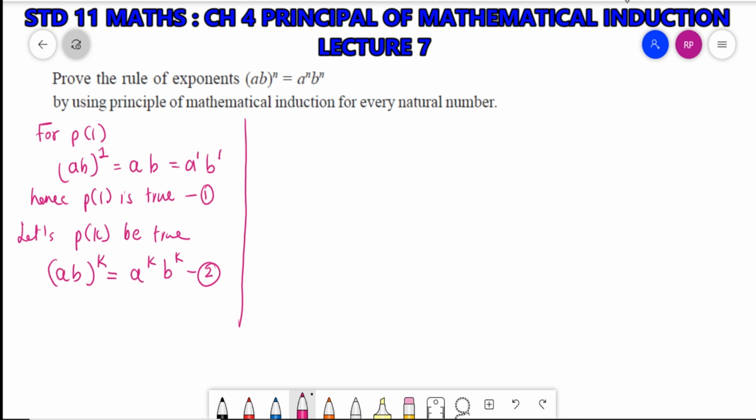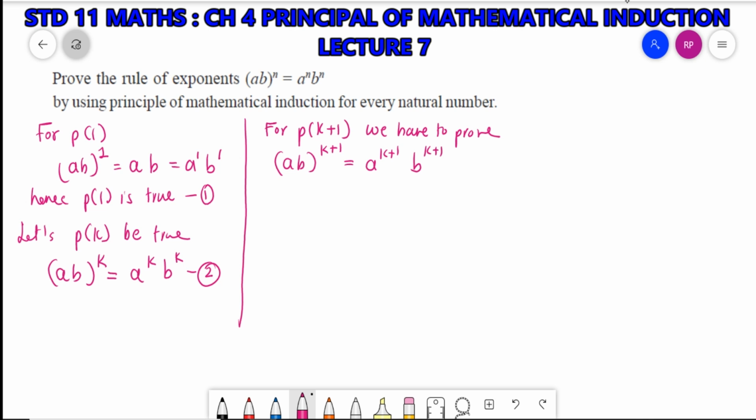Now for P of k plus 1, we have to prove (ab) raised to k plus 1 is equal to a raised to k plus 1 into b raised to k plus 1.